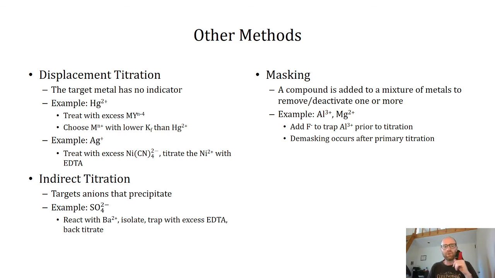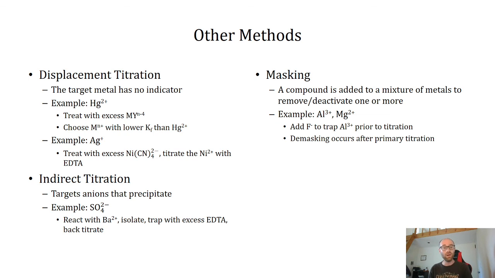So if you had mercury, you treat it with excess EDTA, and then you take that sample and use some other metal to figure out the amount of excess. This is a little bit like a back titration. But for example, the silver ion, again, no indicator.